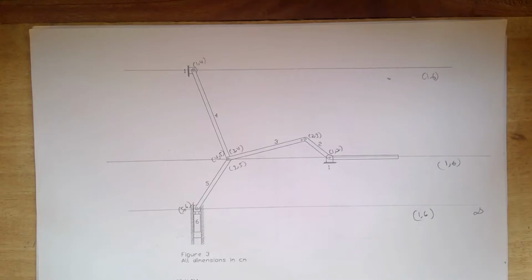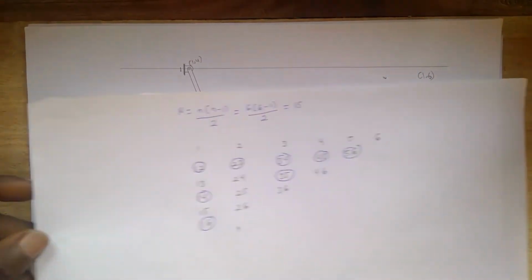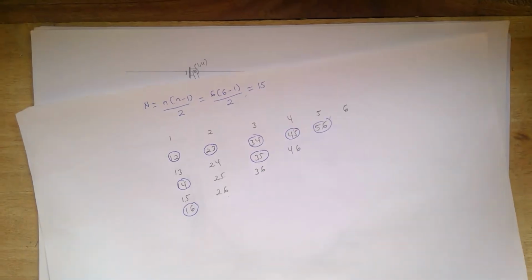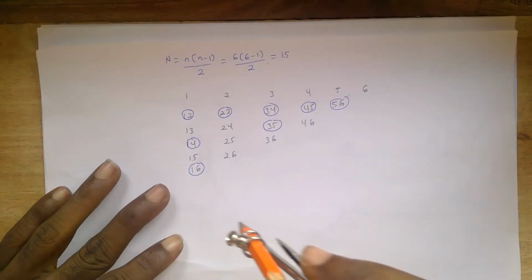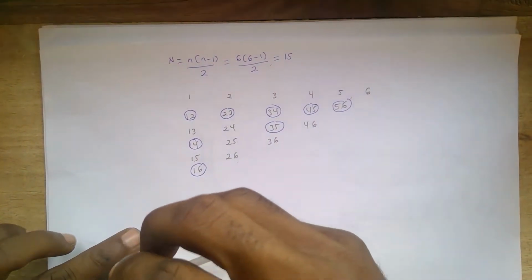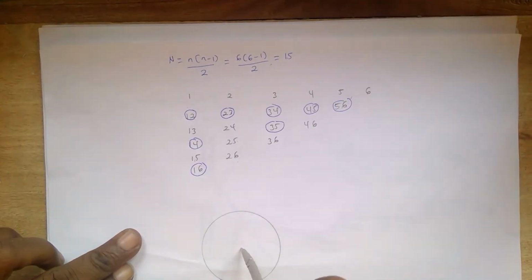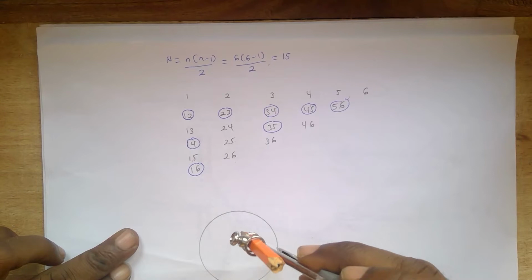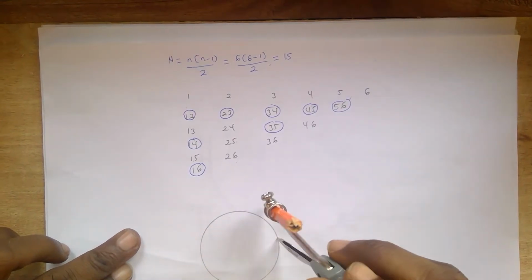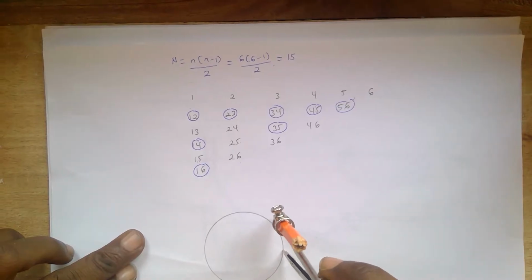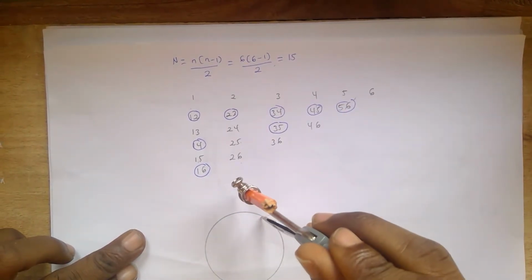Okay, so let's continue. Now for us to locate the remaining instant centers, I'm going to use this circle method. So look at what I'll do. I'm going to draw a circle, and then I'll divide this circle into 6 equal parts.